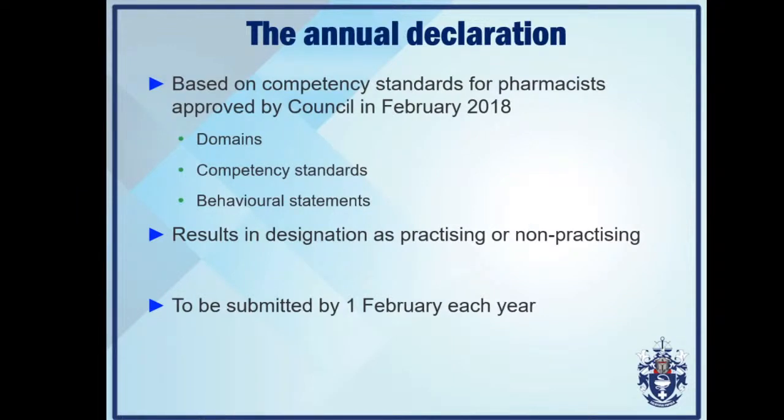The annual declaration is what you as a pharmacist need to do. You log on to the CPD system, either on the website or on the registration app, and then you go through the annual declaration. It's a set of competency standards that you go through, and you choose those that are applicable to you.